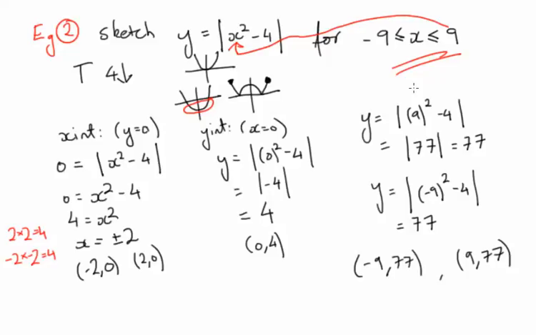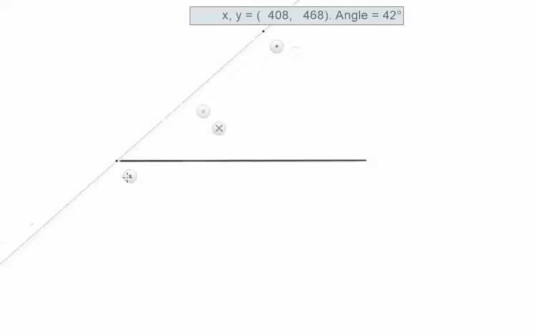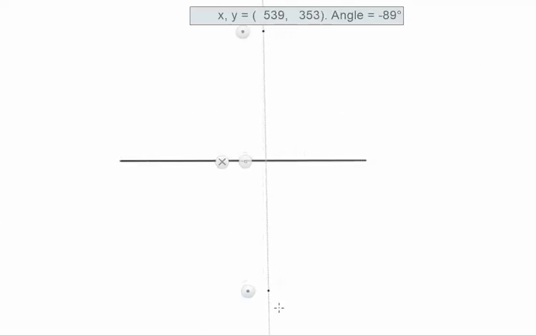Alright, so in a moment, I'm going to clear this screen and we're going to sketch this graph on nice big axes. You ready? Bam. Where's my ruler? There's my ruler. 1, 2.